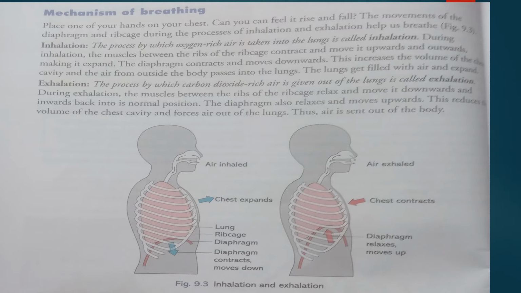Diaphragm is a sheet-like muscle present beneath the rib cage. When we inhale oxygen, our rib cage goes upward and outward, and our diaphragm goes downward.